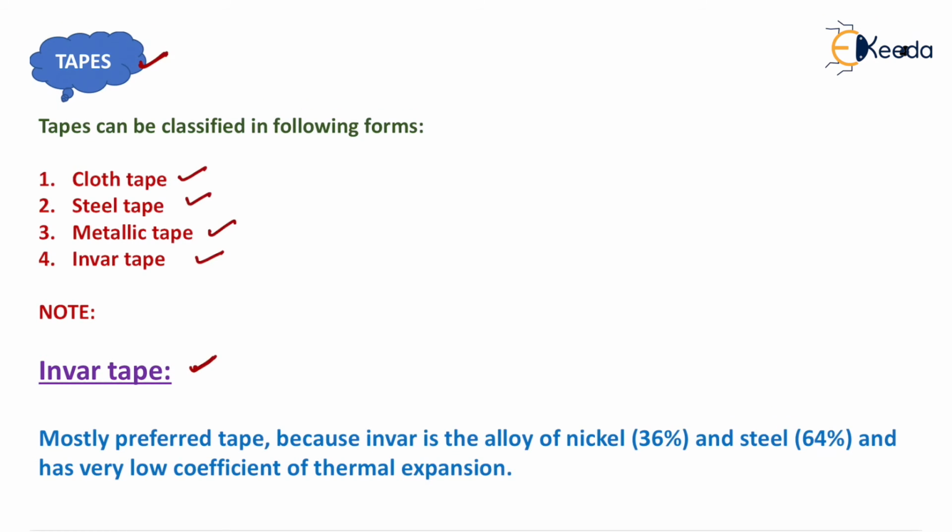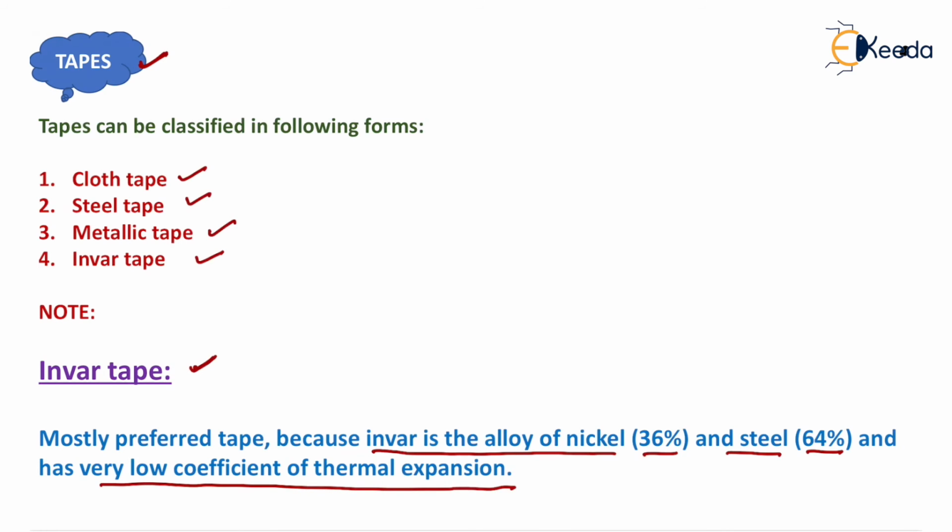Now generally invar tape is the most common tape which is used in the field for the measurement of distance between 2 points. Now why is it so common? Because invar is the alloy of nickel and steel, that is nickel 36% and steel 64%. So it has a very low coefficient of thermal expansion.